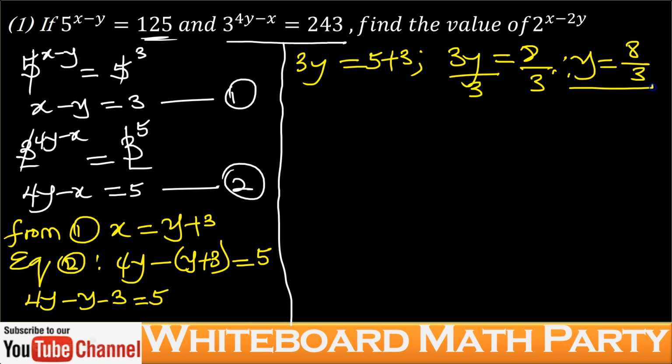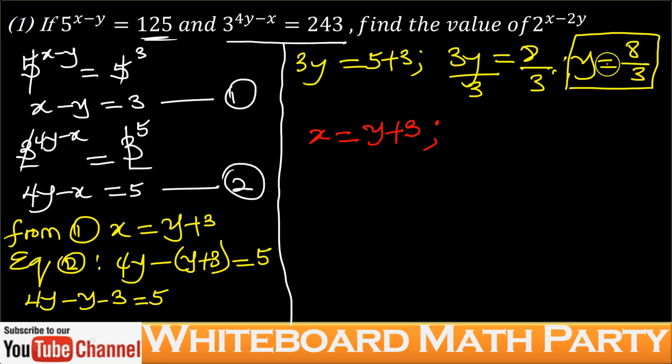Now that we've successfully found the value of y, which is 8 over 3, remember that we already said from equation 1 that x is equal to y plus 3. So I'm going to substitute the value of y into this equation. Remember that x is equal to y plus 3.